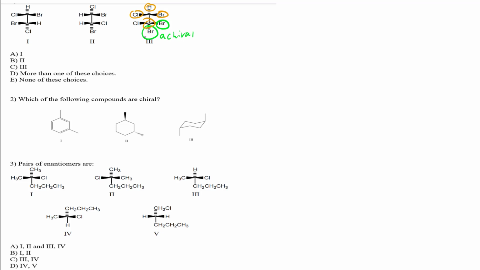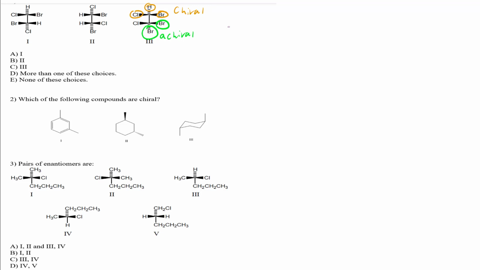To clarify what I mean, this whole group right here, you can think of it as being attached to the carbon. And that whole group is different from this whole group, right? This whole group has two bromines, and this whole group only has one bromine. And so that is different. And because the carbon has 4 different groups, that's going to be called chiral.